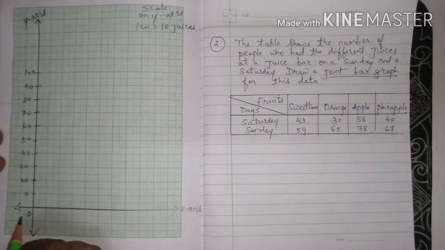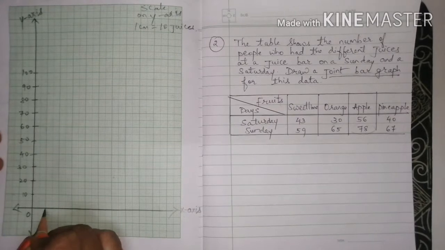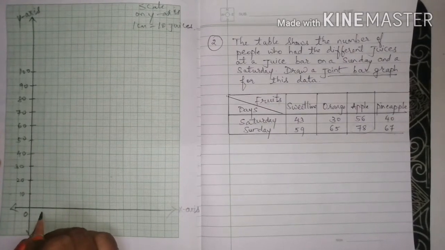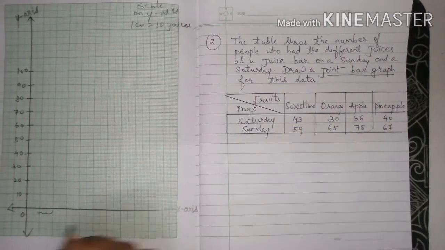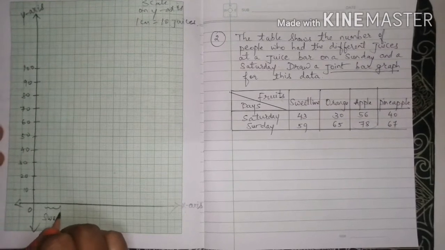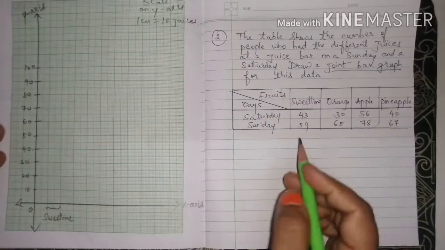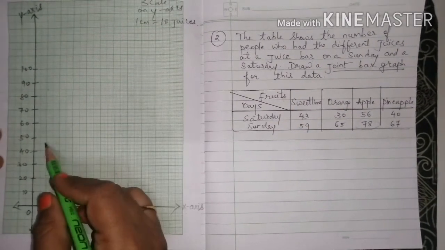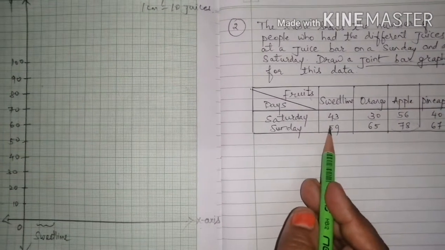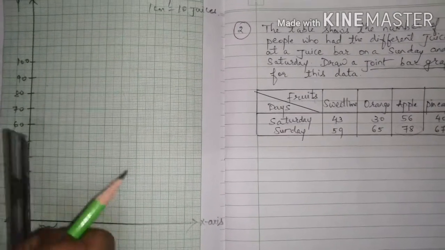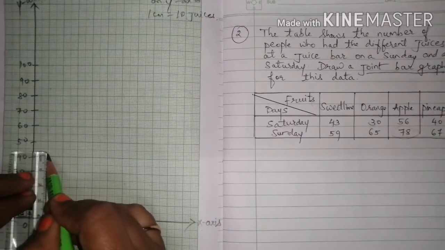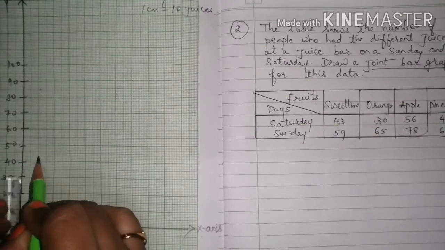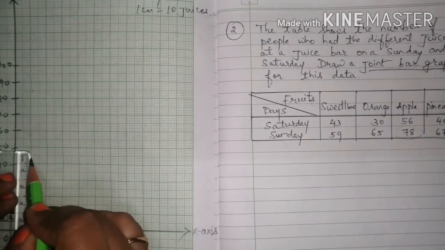Okay, now we'll show the fruits on the x-axis. Leave one box. The first fruit we will show is sweet lime. Sweet lime, Saturday, how many people are consuming? 43. So half part you will show 43, half part you will show 59. So 43 means above 43 lines you have to show. This is above 43 lines.